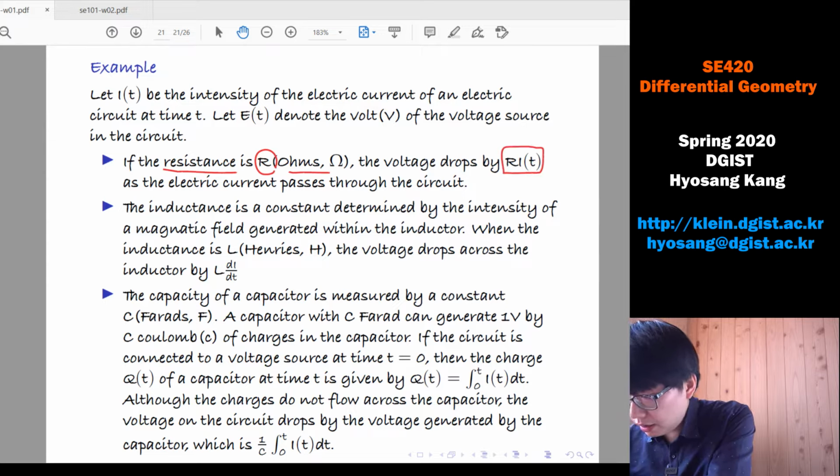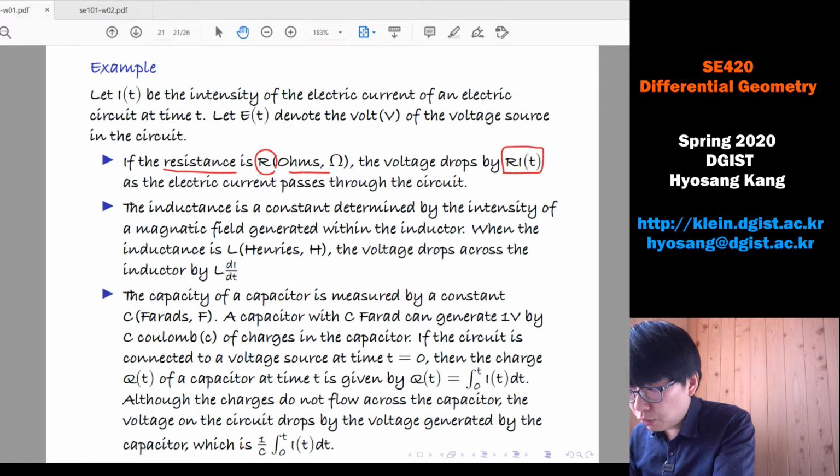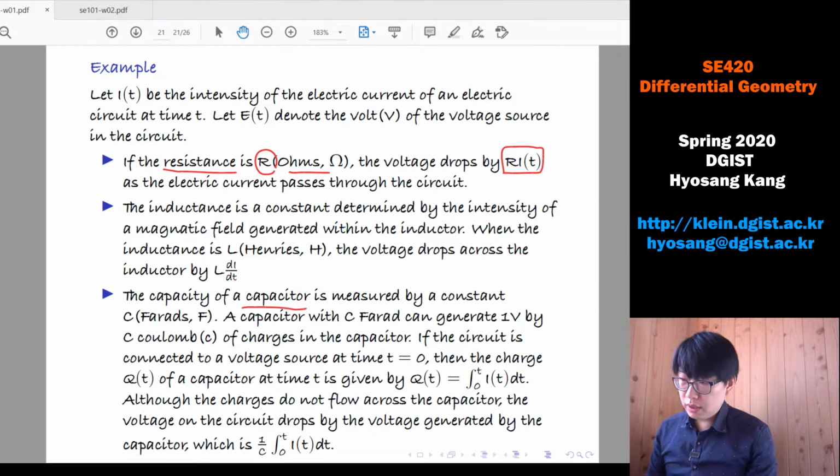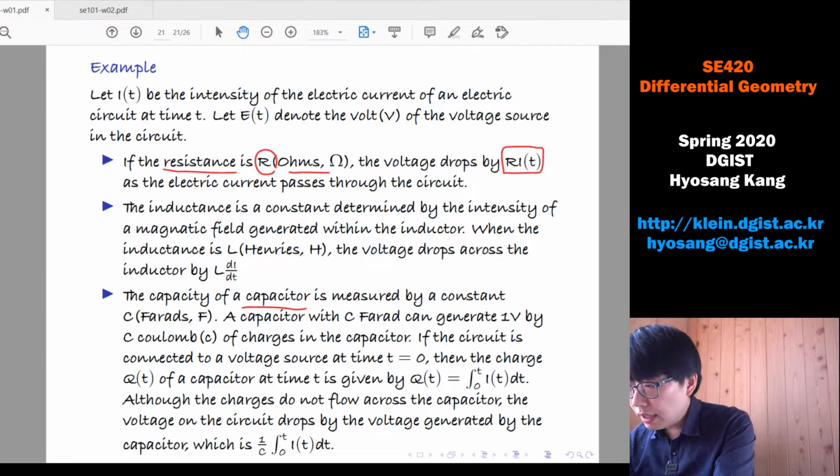And then I think the order is a little bit different. So the current actually cannot pass through the capacitor, because a capacitor only accumulates these electrons. However, when the capacitor has enough electrons stored coming from the voltage, then it generates its own voltage.